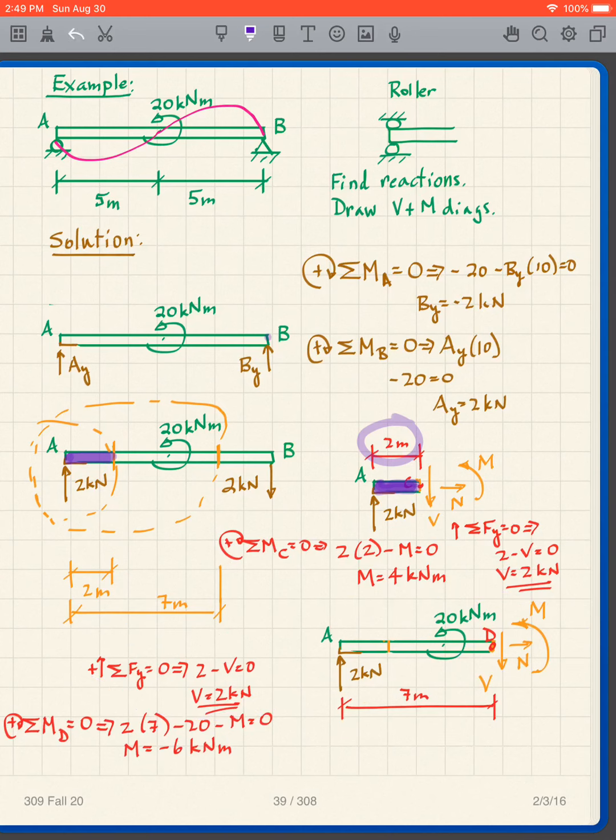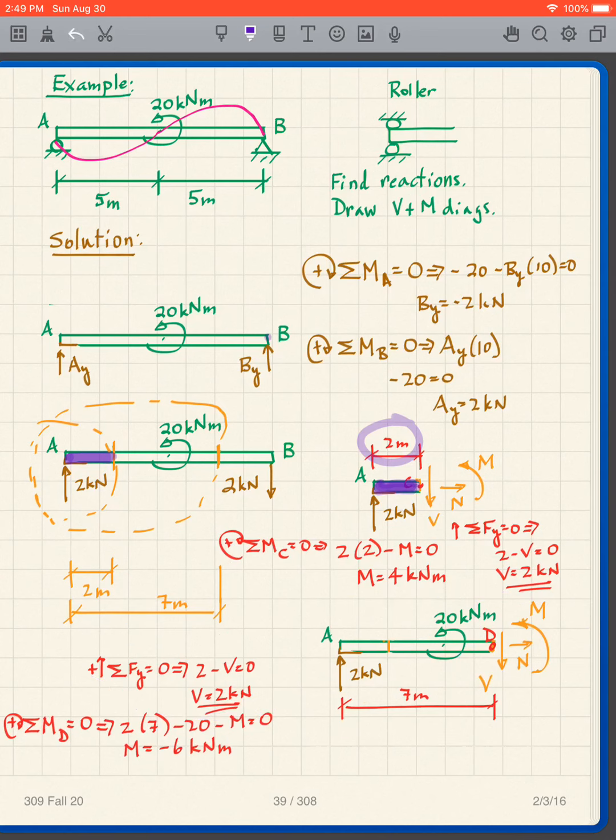But notice that at 2 meters, I get V equals 2. At 7 meters, I get V equals 2. So my V hasn't changed. If I look at this, I'm going to find that it doesn't matter where I make my cut.